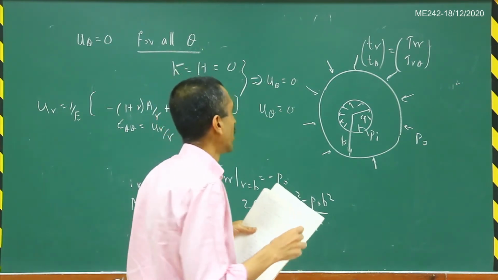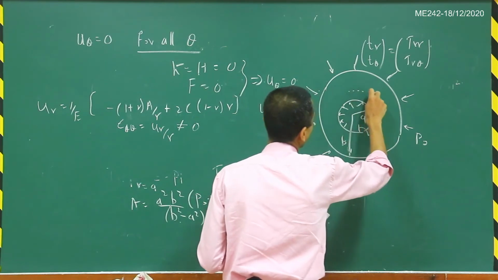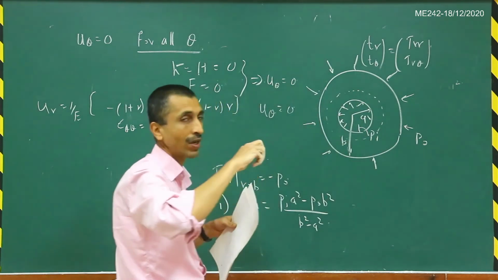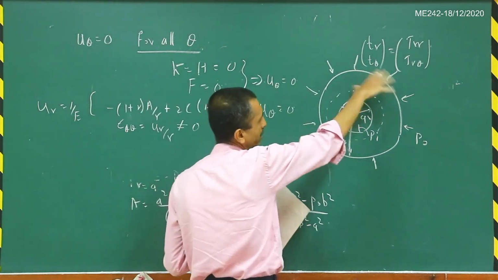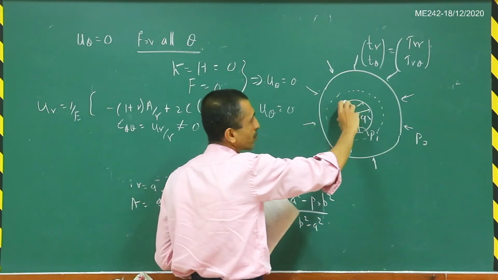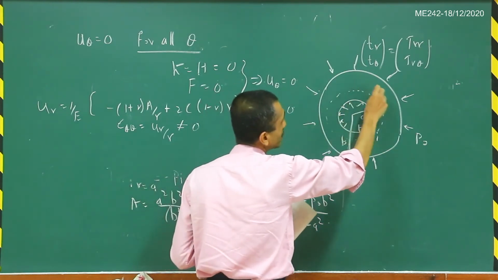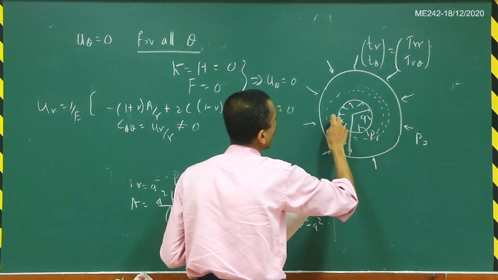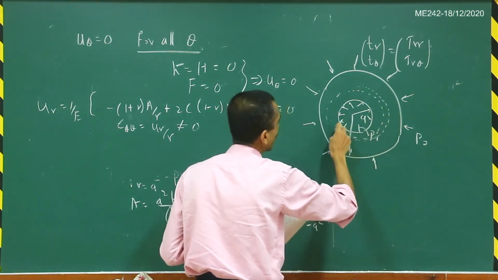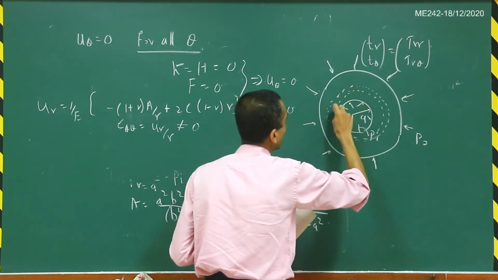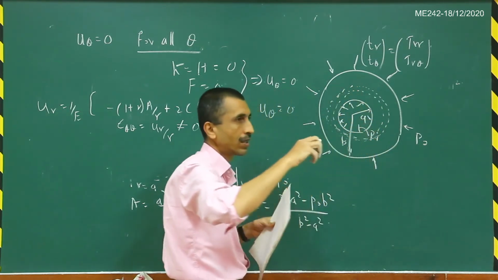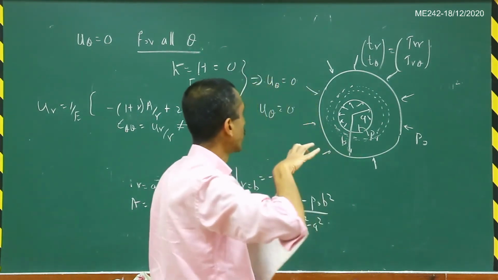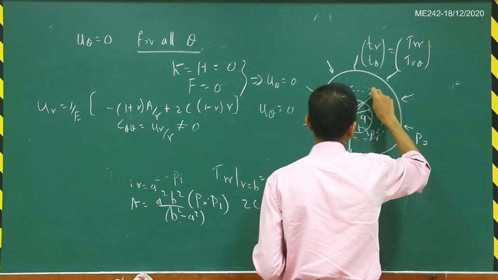You can imagine a circle like this. Once you apply pressure on the inside, let us take the outside pressure as 0, this dotted circle will expand. The radius of that circle will increase. Initially it was 2 pi r, where the radius is r.